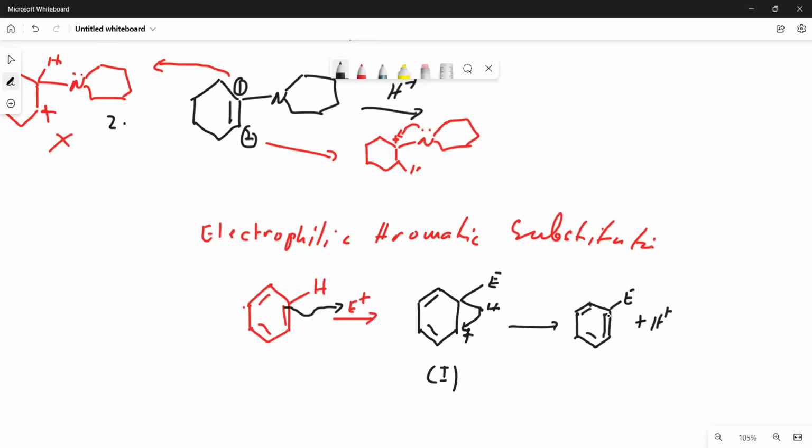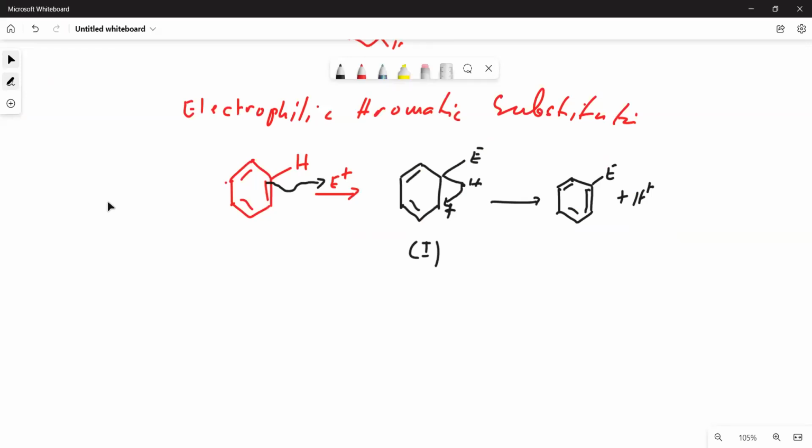Okay. Now, since the intermediate is a carbonium ion, we can predict the reactivity of the reaction if you know how to assess the stability of the carbonium ion. The more stable the carbonium ion, the faster the rate of the reaction, because it will lower, okay, the activation energy. Okay. And what groups can stabilize the carbonium ion? Okay. Of course, electron donating group. Okay.